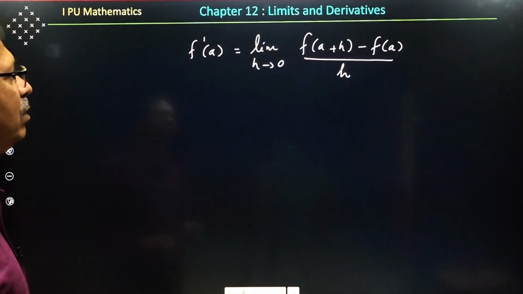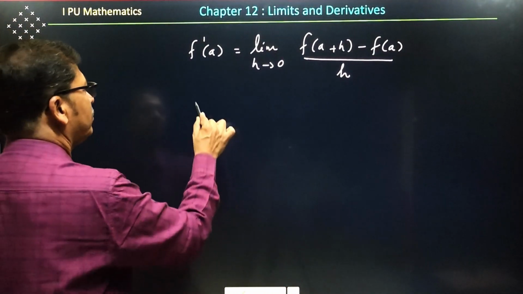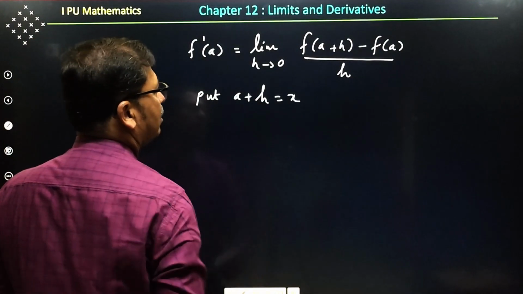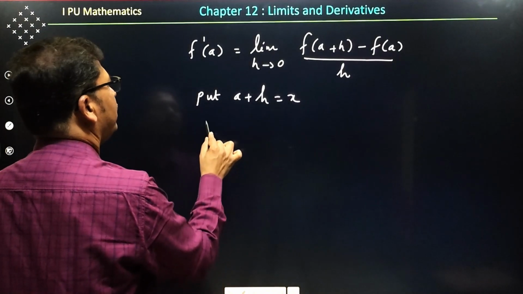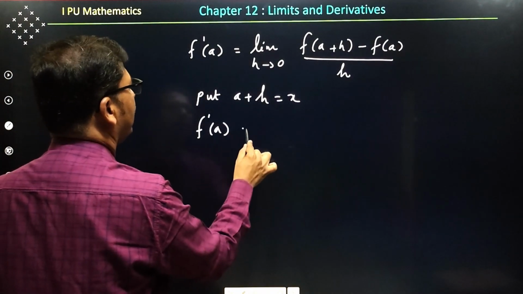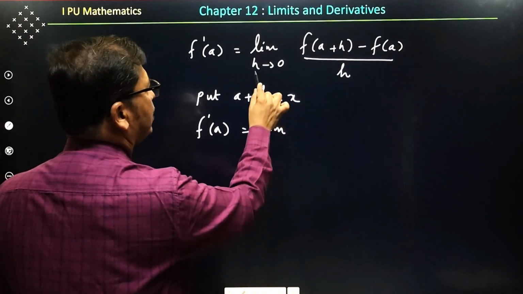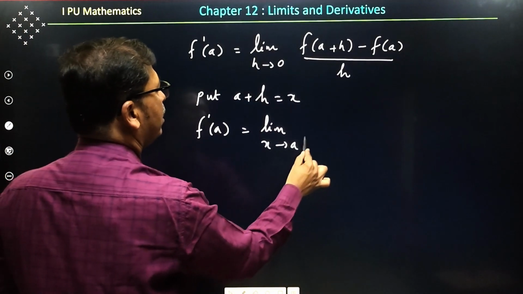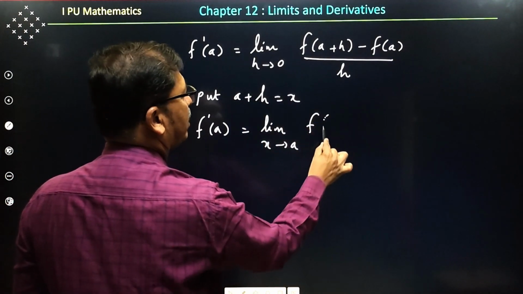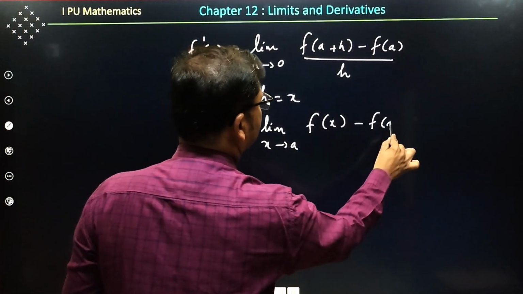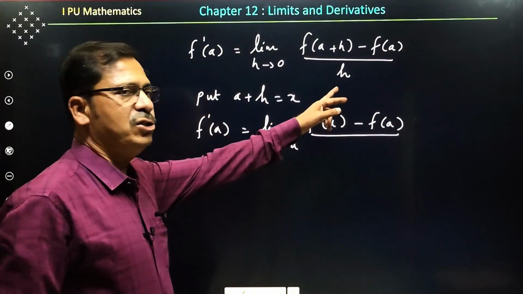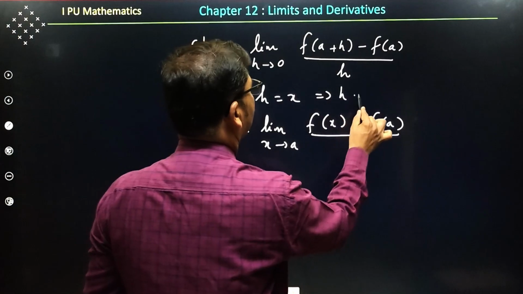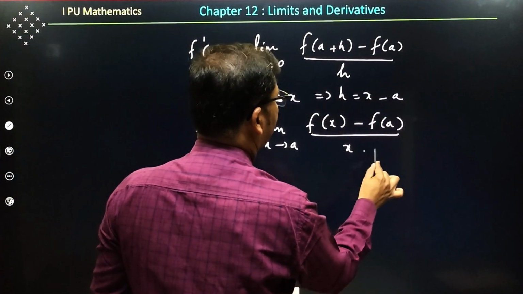One more convention we can give here. If you put a plus h is equal to x, then what happens? Then f dash of a is equal to limit, when h tends to 0, x equal to a, it means x tends to a. f of a plus h is replaced by f of x, minus f of a remains as it is, divided by h, and h is equal to x minus a, so the denominator becomes x minus a.